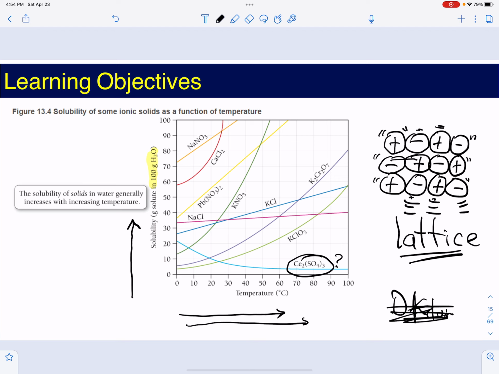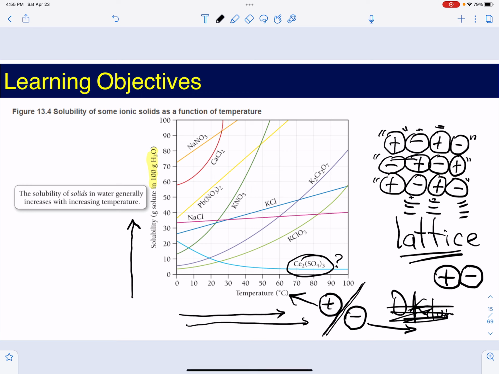And if I used to have a positive neatly aligned with a negative, that vibration is probably going to cause them to start getting farther away from each other until the force that is keeping them together is no longer there, and then they can be taken by the solvent, forming the hydration cage that we talked about before. So as the temperature increases, it makes sense that they're going to vibrate and break apart from each other, so they're going to dissolve.